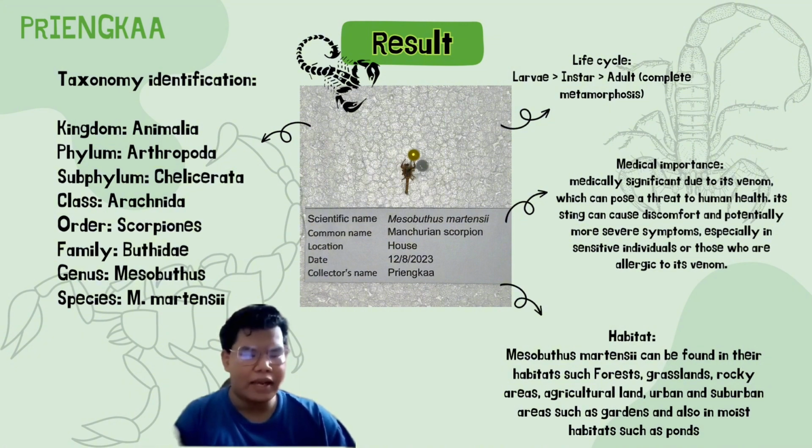Its sting can cause discomfort and potentially severe symptoms, especially in sensitive individuals who have allergies. Mesobuthus martensii can be found in habitats such as forests, grassland, rocky areas, agricultural land, urban and suburban areas such as gardens, and also moist habitats such as ponds.